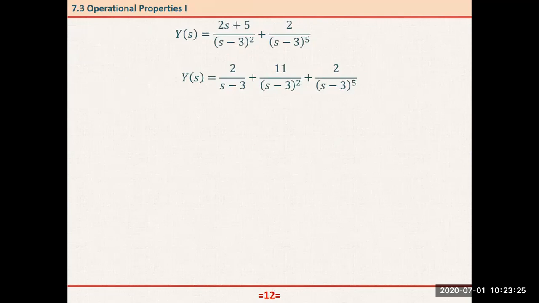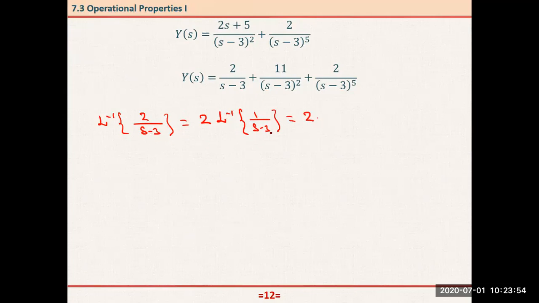Okay. So let's start with the first one. The first one is inverse Laplace transform of 2 over s minus 3, right? What is it? I can just take this 2 out, inverse Laplace transform of 1 over s minus 3, right? Which is equal to 2 times, actually, we know that it is e to the power 3t.